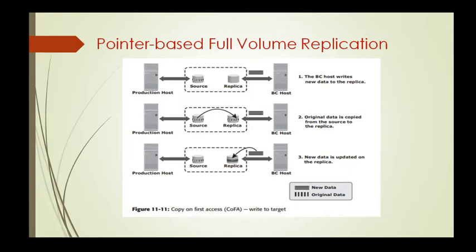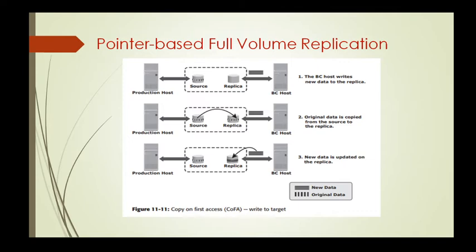So in the first step, the BC host writes the new data to the replica. Next, in the second step, the original data is copied from the source to the replica, or the target, you can say.